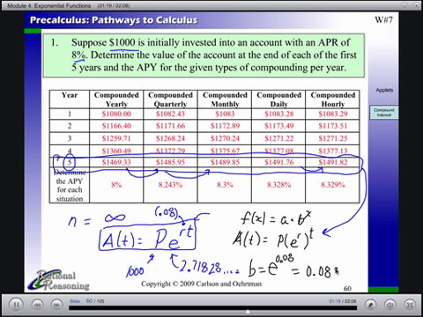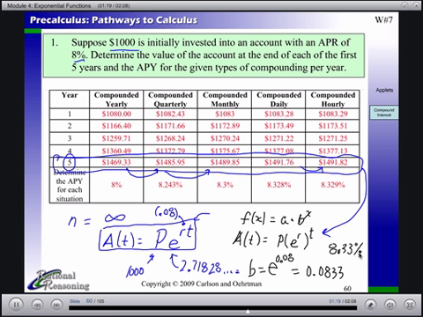The key is that it's not 1.08, because we're compounding continuously. It's going to give us something better than 8%. So for 8% compounding continuously, what is the true yield per year? 8.33%.